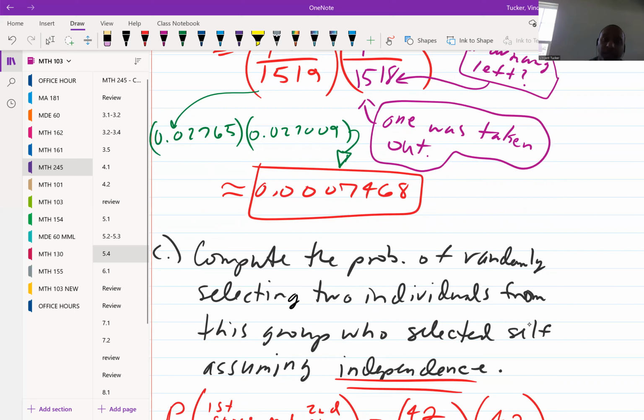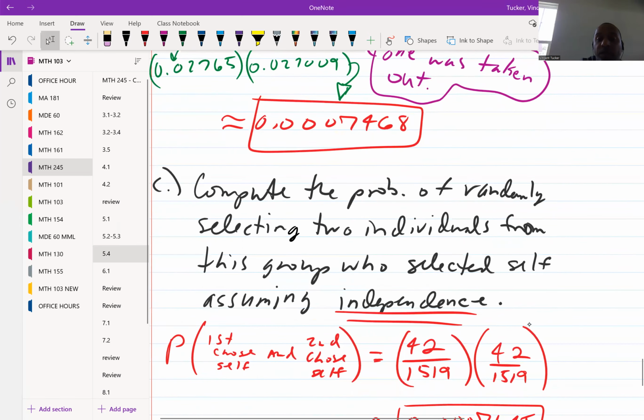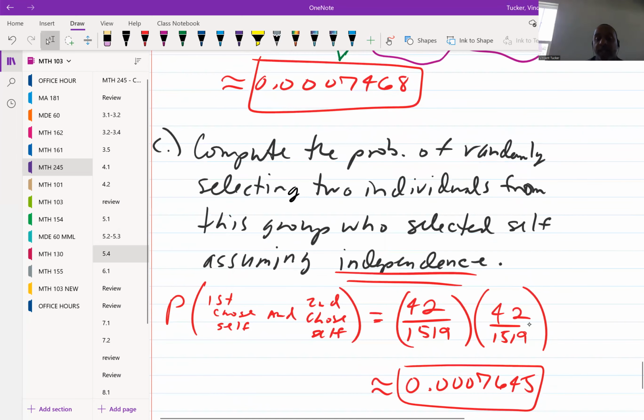So it's still that 42 goes down to 41. 1,519 goes down to 1,518. But if we're assuming independence, that means when I pick a person out, it doesn't change the probability for the next choosing. So this means 42 over 1,519 will stay the same in both cases. And then you just multiply those together. That'll give you 0.007645.